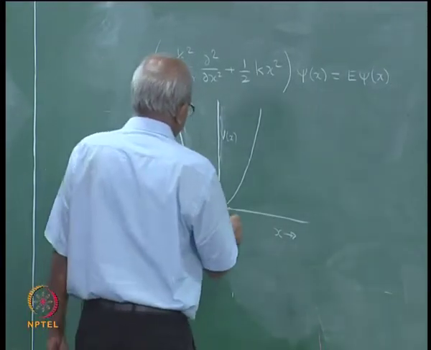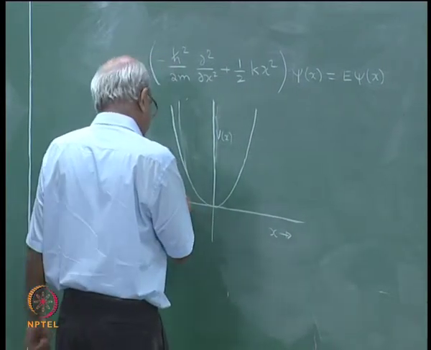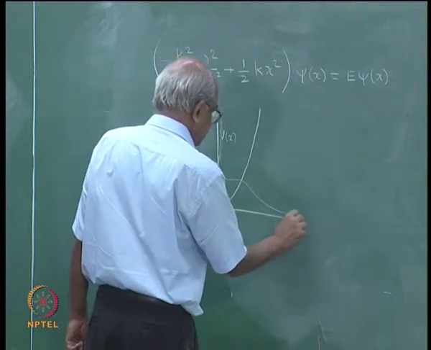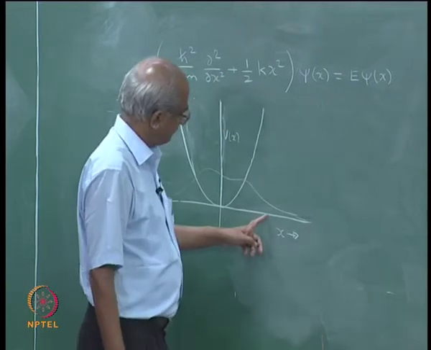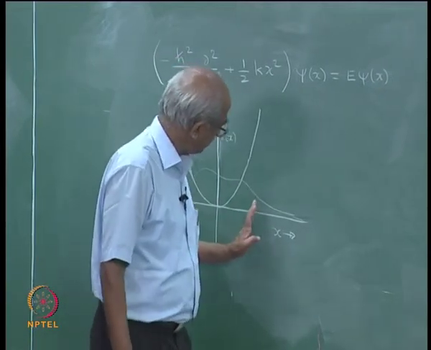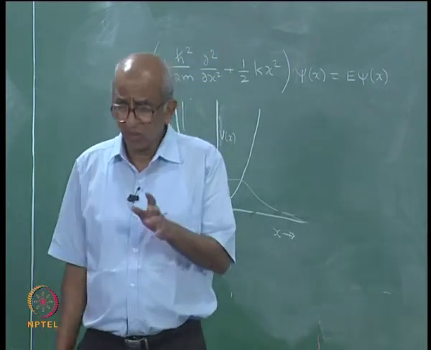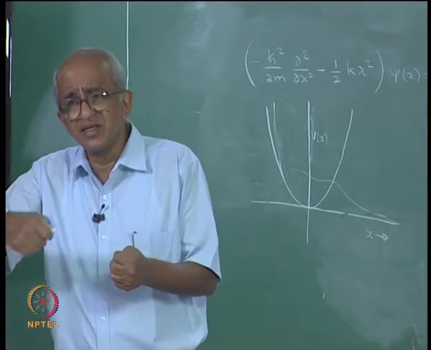In particular, I can say the following thing physically. Suppose the wave function looks maybe something like that. Now, I can definitely say that for large values of x, the probability of finding the particle has to be decreasing.